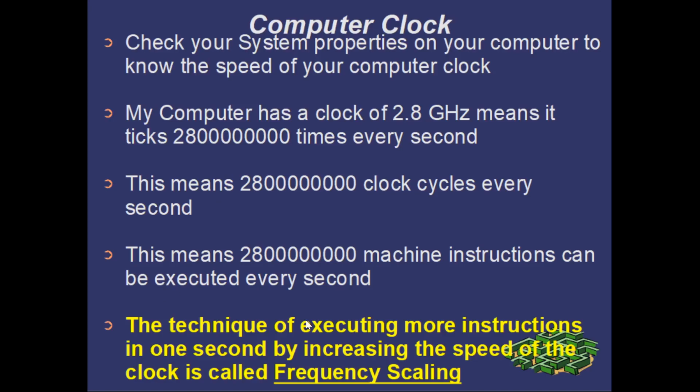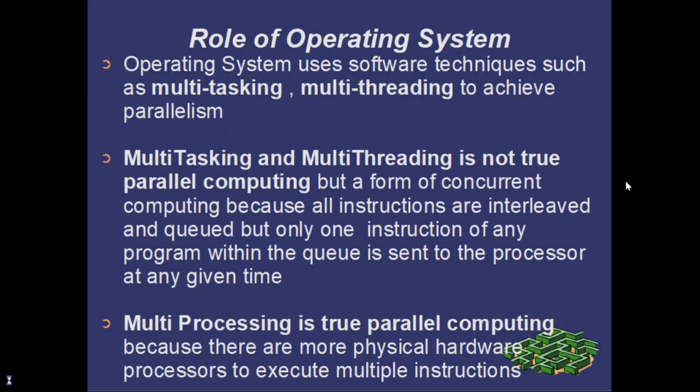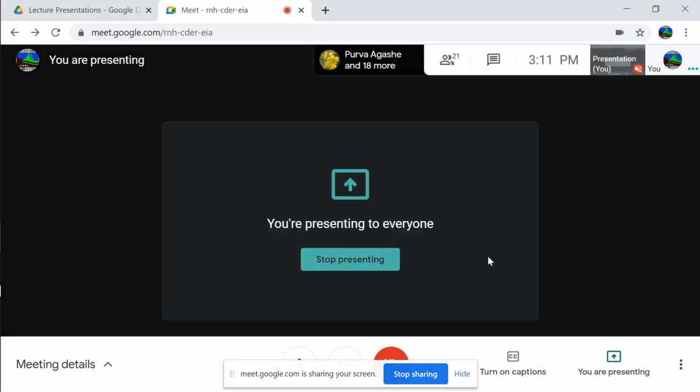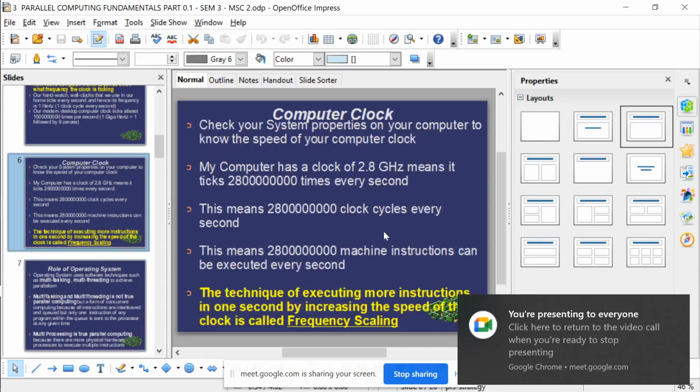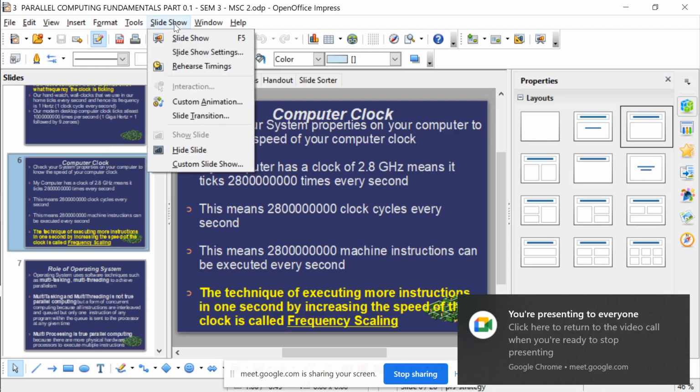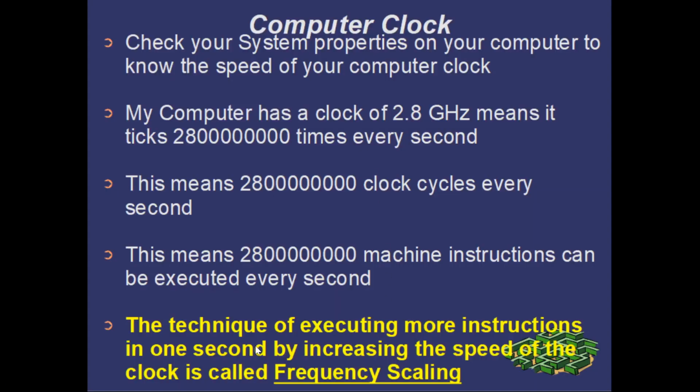So one way of executing more instructions is by increasing the speed of the clock. If you increase the speed of the clock, more instructions can be executed on your computer.